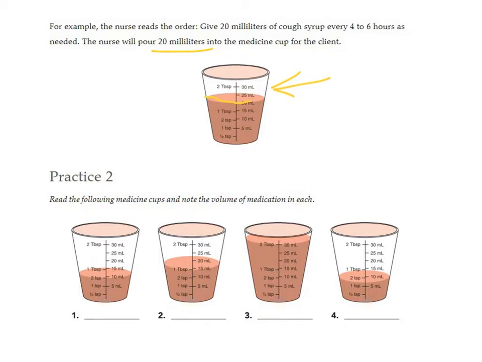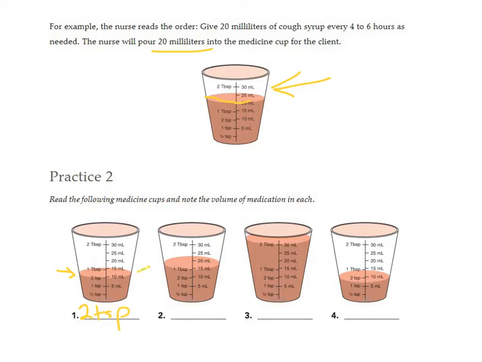All right, looking through the next ones then. Looking at, say, number one, you can see that it's household measurements on the left, metric measurements on the right. It looks like number one is right at the 2 teaspoons, so we can answer that as either 2 teaspoons, or that is equivalent to 10 milliliters.